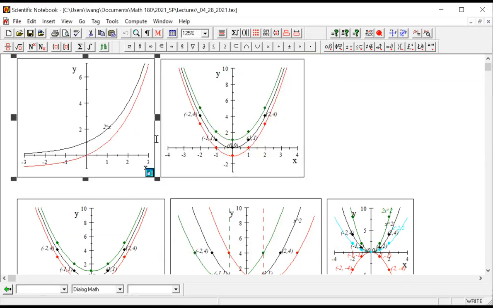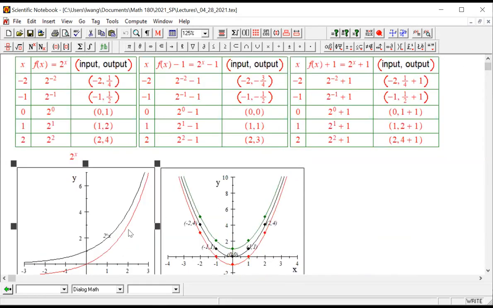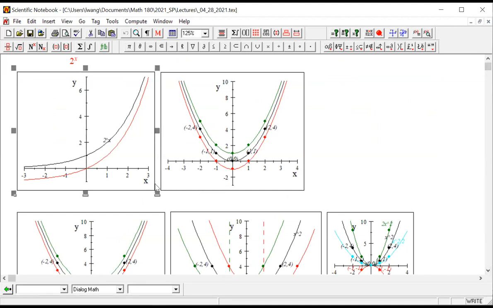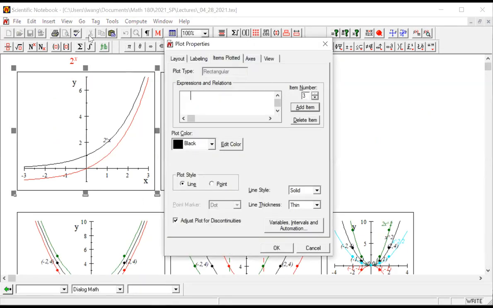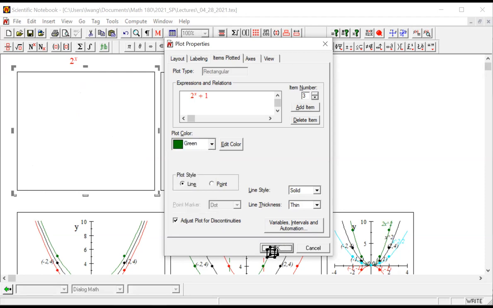There's much more to it, right? Because there's a shifting. So this red is 2 to the power x minus 1. And of course, the green will be 2 to the power x plus 1. And this one we're going to use green.